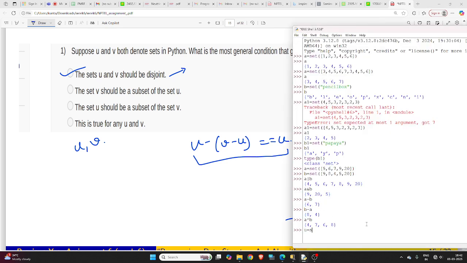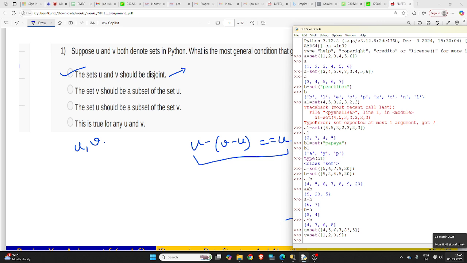Let's say I am writing here U as 4, 5, 6, 7, 8, 3, 83, 5, then V as 1, 2, 0, 9. Why? Because both are disjoint. So this is U and V.